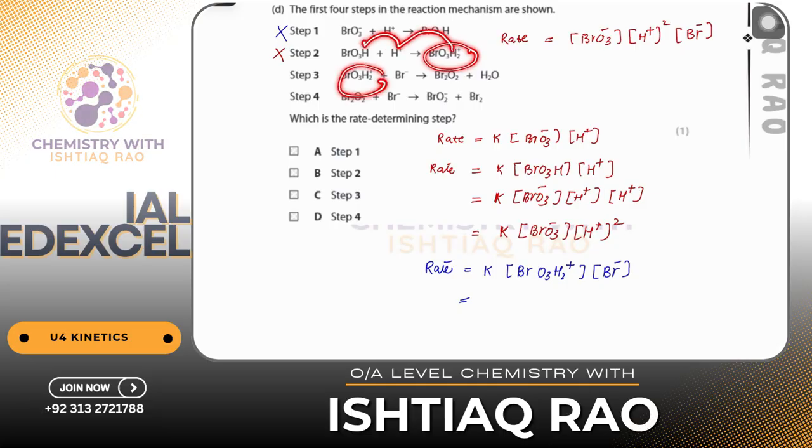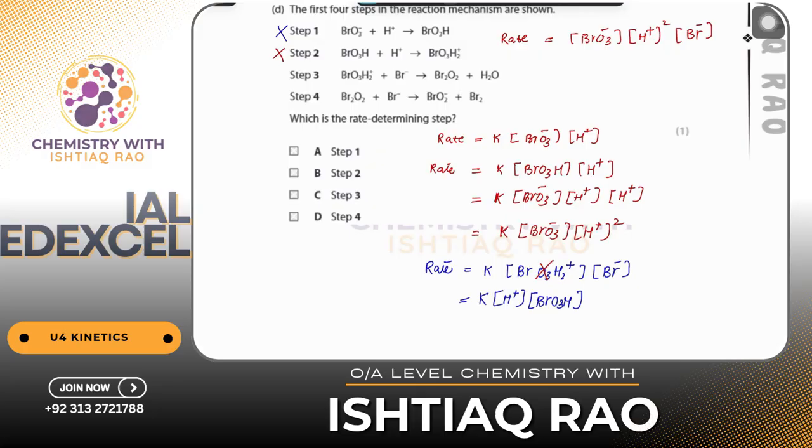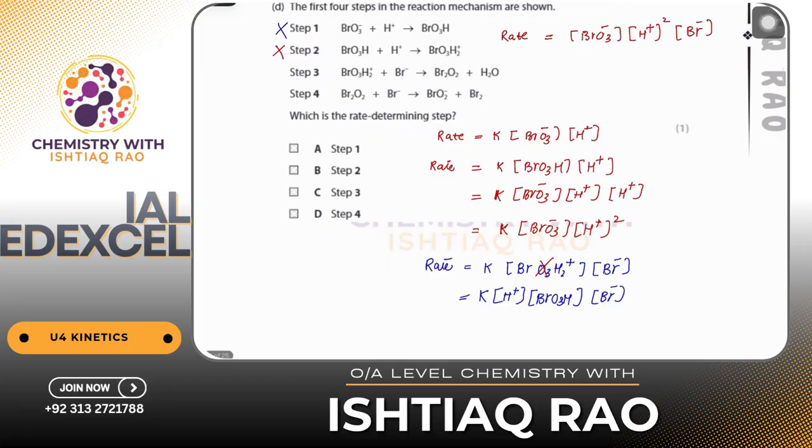So now I would write H plus and BrO3H, and Br minus would remain the same. BrO3H depends on these two things, so I would write H plus, BrO3 negative, H positive, and Br negative will remain the same.